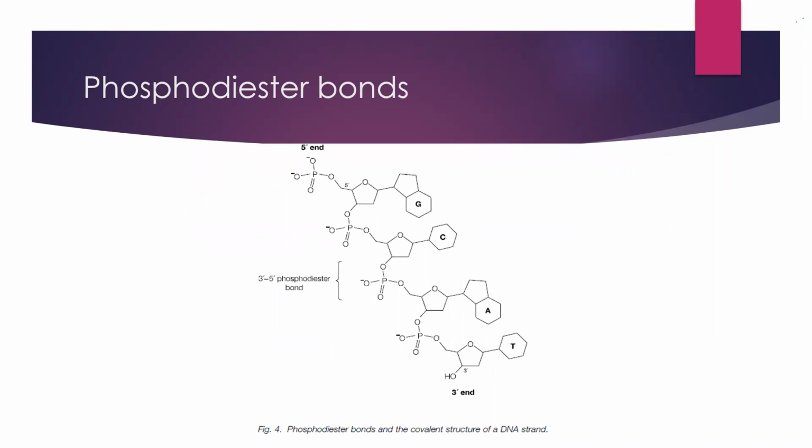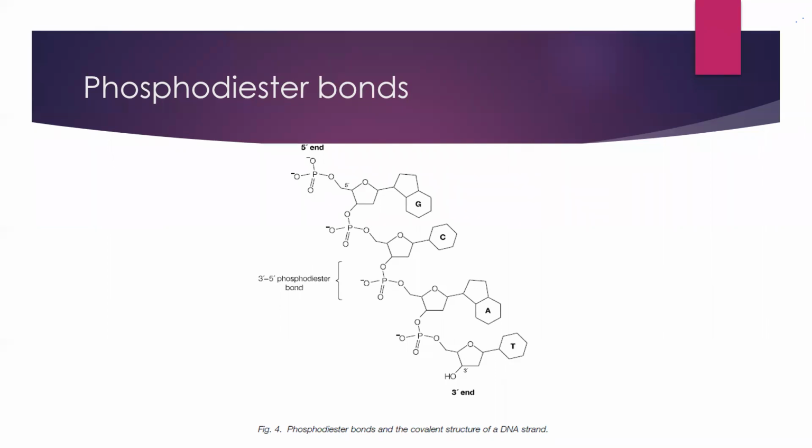What are these phosphodiester bonds? Just now we were discussing that these nucleic acids are polymers of nucleotides. That means there should be some way by which all these nucleotides are connected. Just for the analogy, if you look at the proteins, we all knew very well that these are the polymers of amino acids.